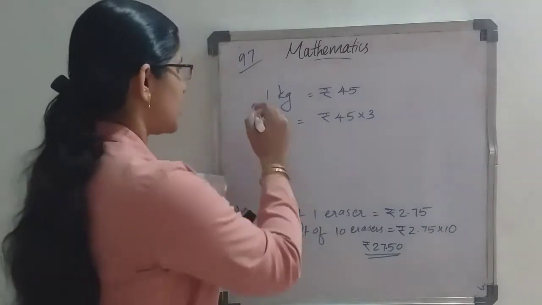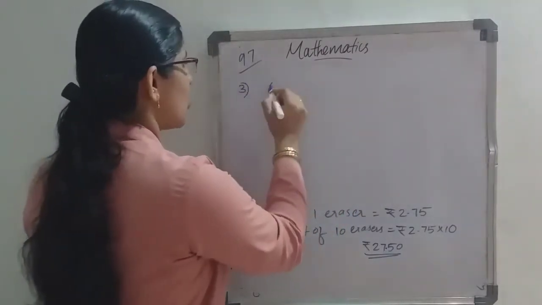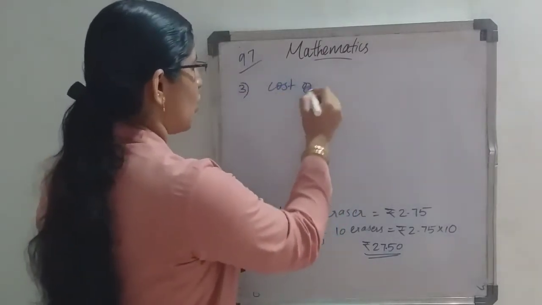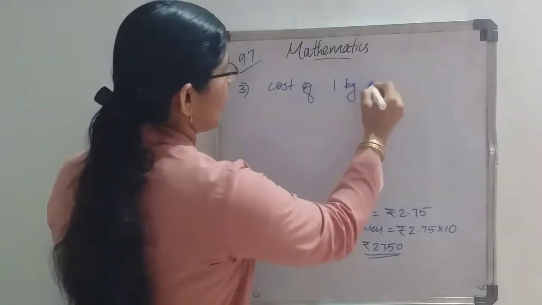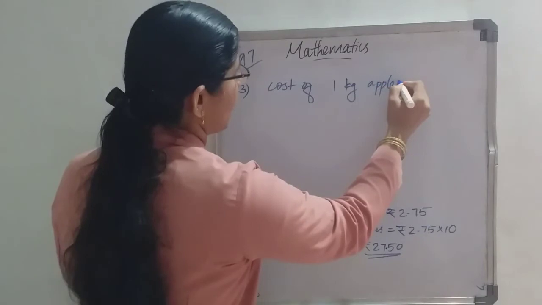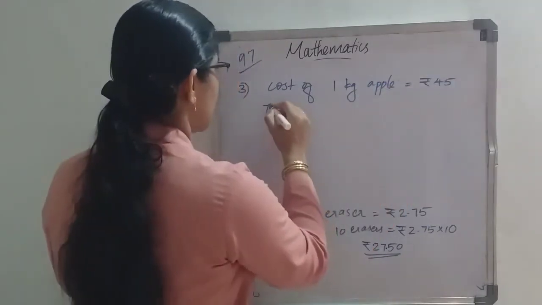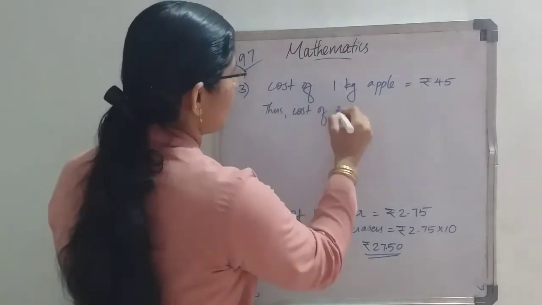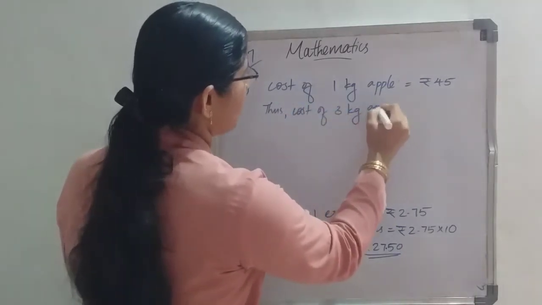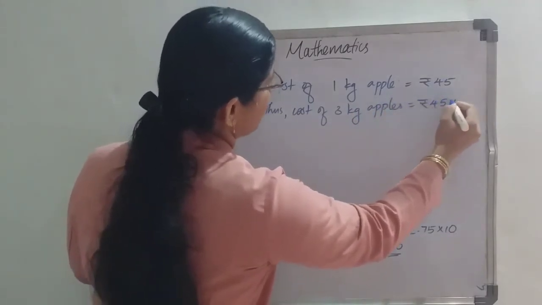Then this is the third one. So how can you write the steps? Cost of 1 kilogram apple is 45 rupees. Thus, cost of 3 kilogram apples is 45 into 3.